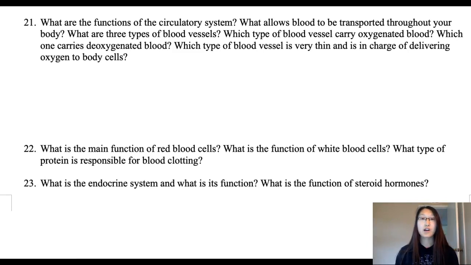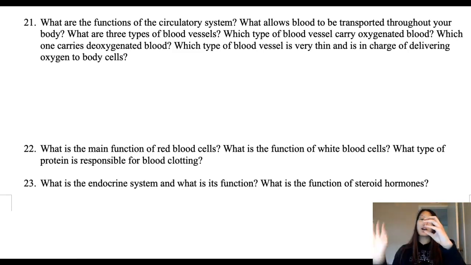And then the arteries are the blood vessels that allow your circulatory system to carry oxygenated blood to your body. So you have this heart, right? And then as the heart pumps, it sends oxygenated blood, which has a lot of oxygen, all throughout your body so that all of your body cells can get that oxygen and go through cell respiration.